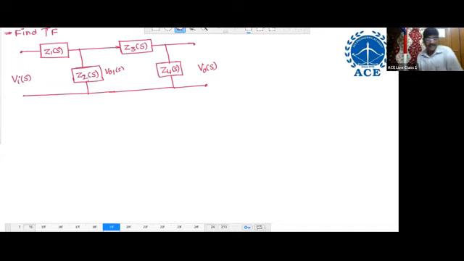Right. Next, listen. Fine. We'll go by the standard procedure. Never divide the network into parts because the loading effect will be there.